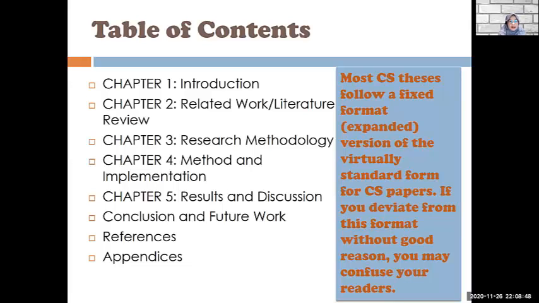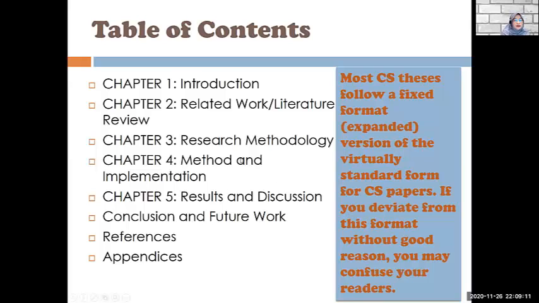Most computer science theses follow a fixed format, but actually it can be expanded. The fixed format is the virtually standard form for computer science papers or articles. If you deviate from this format without good reason, you may confuse your reader.